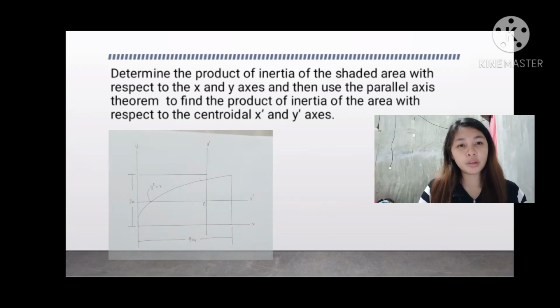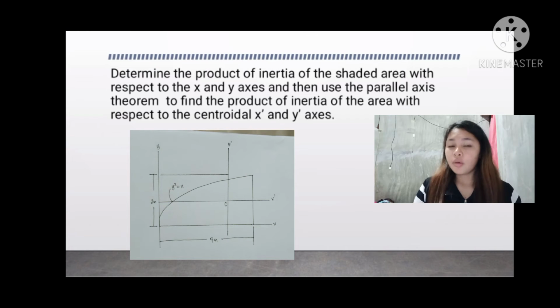On our problem on the product of inertia, we have here a problem in which we have to determine the product of inertia of the shaded area with respect to the x and y axis, and then use the parallel axis theorem to find the product of inertia of the area with respect to the centroidal x-axis and y-axis.